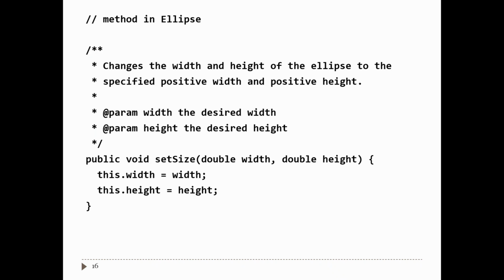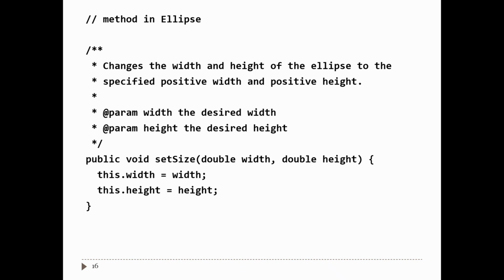So imagine you have your class ellipse. If you don't know what an ellipse is, it's just an oval. You can think of it as a circle that's been stretched in one direction. In the class ellipse, you have a method that lets you change the size of the ellipse, so you can change its width and its height to some non-negative width and height.